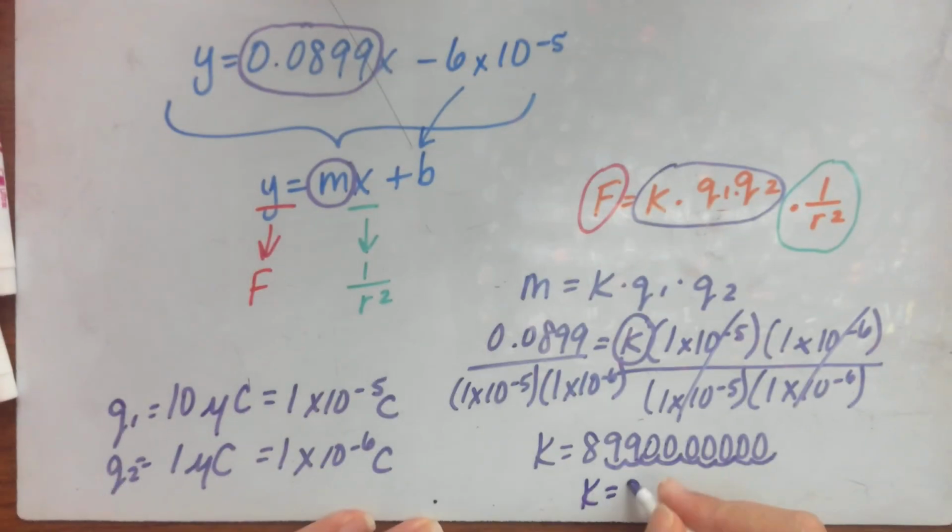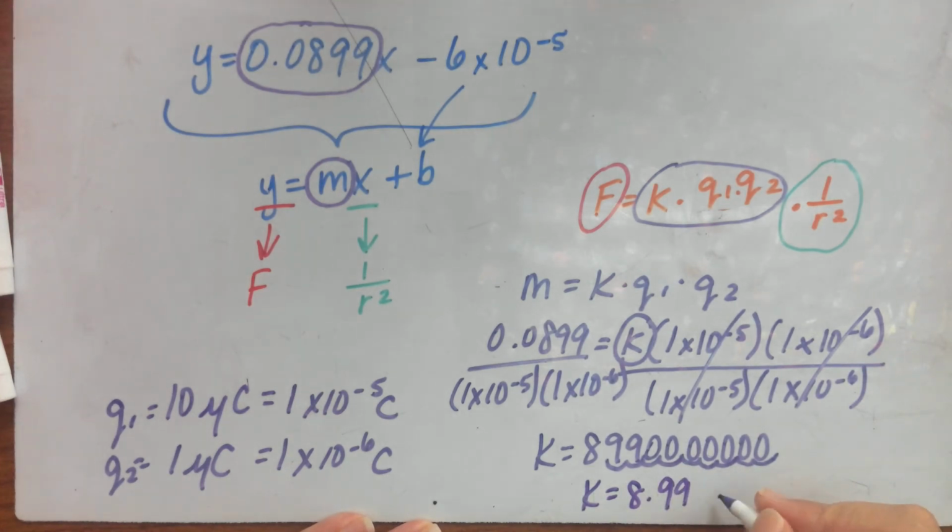So let's put this in scientific notation. How many do I have to go back to get to here? 1, 2, 3, 4, 5, 6, 7, 8, 9. So I end up with a K that's equal to 8.99 times 10 to the 9th. And we always say K is equal to 9 times 10 to the 9th.